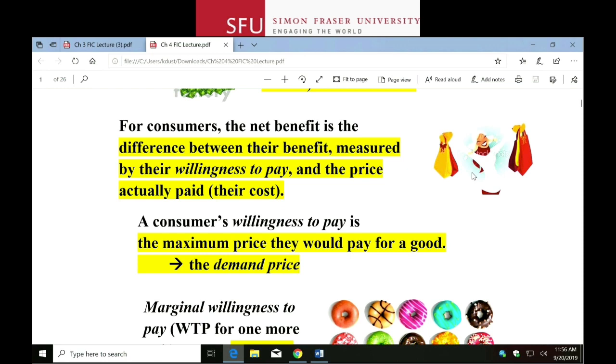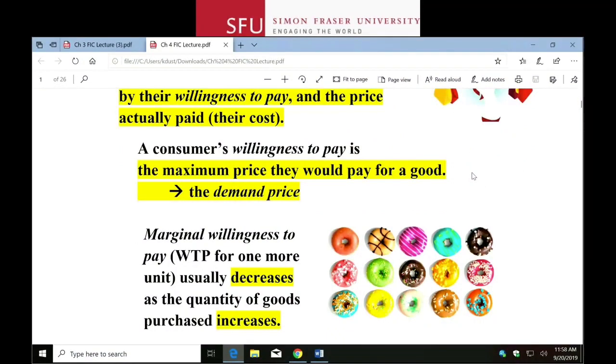Okay, so our marginal willingness to pay, or willingness to pay for one more unit, will decrease as we consume more and more of the good, or as the quantity of goods purchased increases. Okay, so as we consume more and more of a good, or as we acquire more and more of a good, our willingness to pay for even more will go down because we become satisfied.